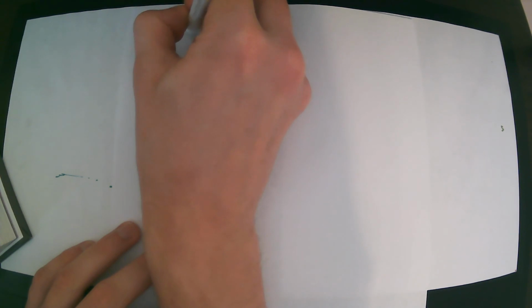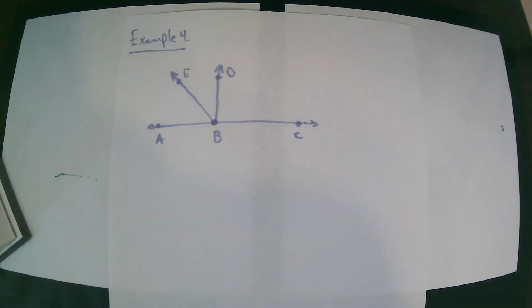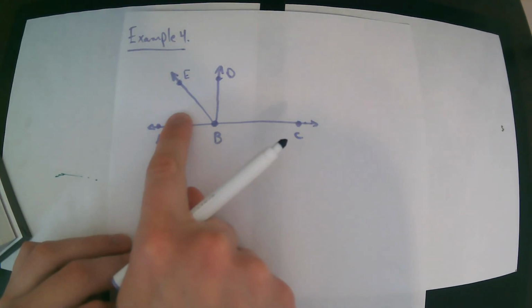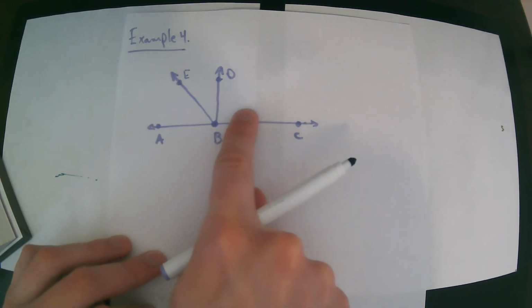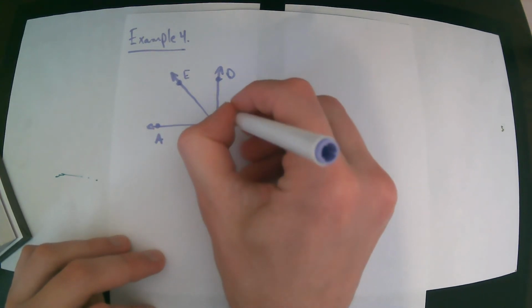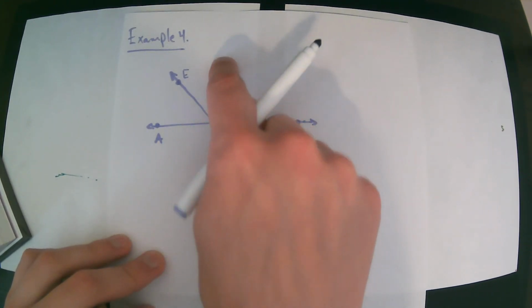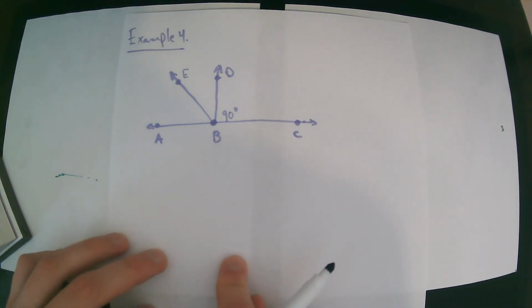Alright, so example 4, doing some actual calculations here. We've got a picture here with several different angles. There's this small angle, this 90-degree angle. Then there's angle ABD, which is also a 90-degree angle.